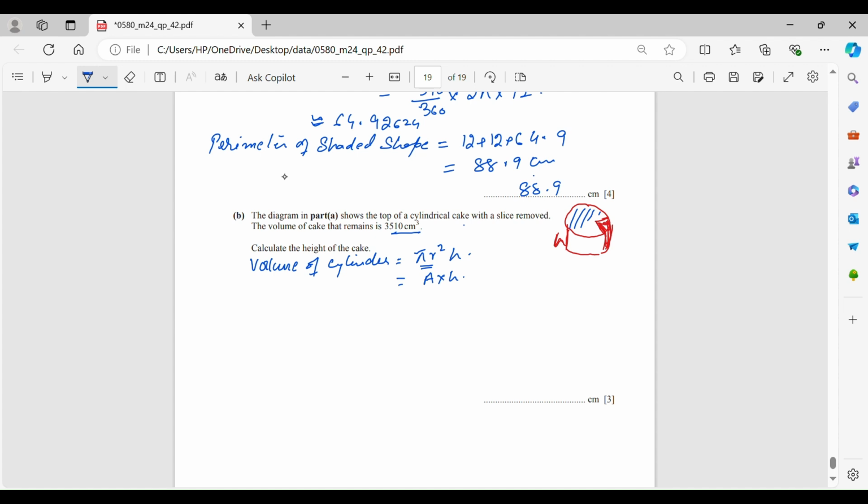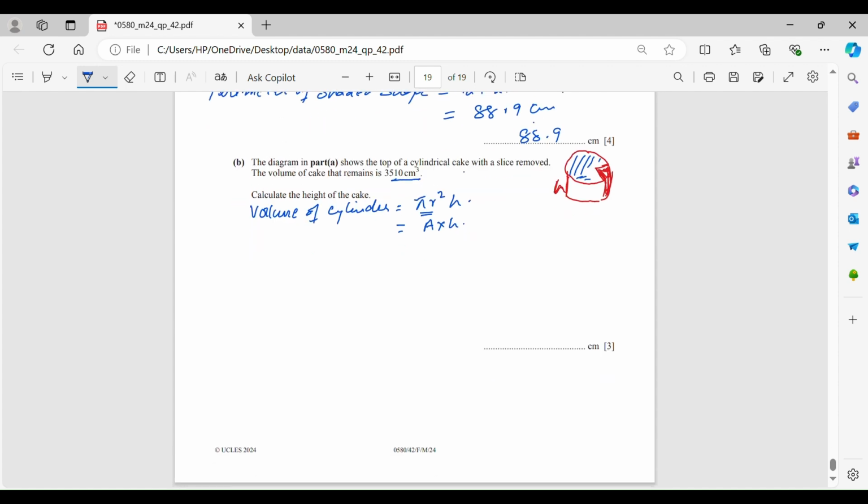So first we need to find the area of this base. So the area of the base, that is A, is equal to theta by 360 into pi r squared.